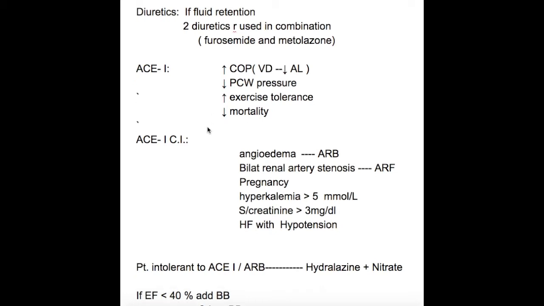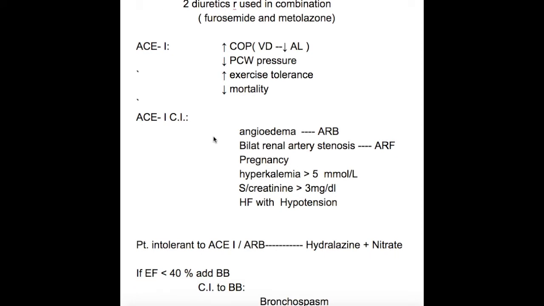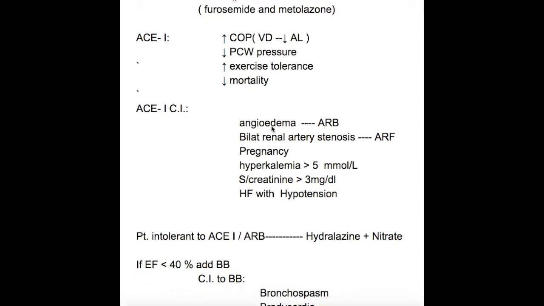So what are the contraindications to the ACE inhibitors? If there is angioedema, then what drug do you use? Angiotensin receptor blockers. The other contraindications are bilateral renal artery stenosis, pregnancy, we have done it in hypertension, hyperkalemia more than 5 millimoles, serum creatinine more than 3 milligrams per deciliter, and also it is contraindicated in heart failure with hypotension.